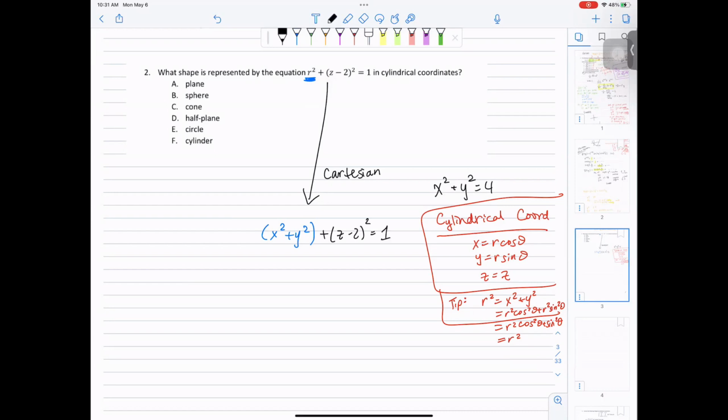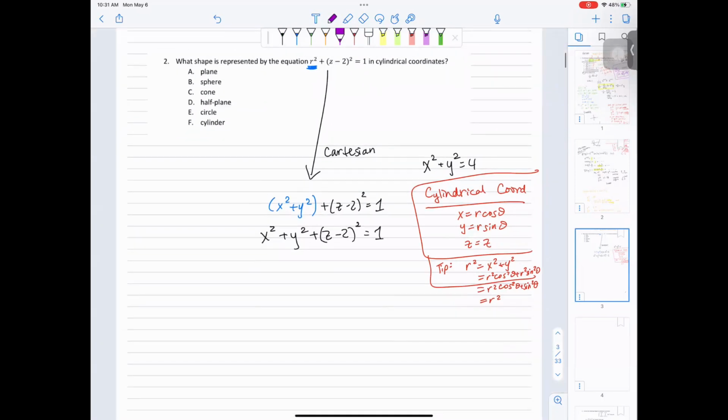Okay, so that means I have x squared plus y squared plus z minus 2 squared equals 1. Hopefully this looks a little bit familiar to something that you should recognize. If I gave you x squared plus y squared plus z squared equals 1, what is that? You know that's a sphere of radius 1, centered at the origin, 0, 0, 0.